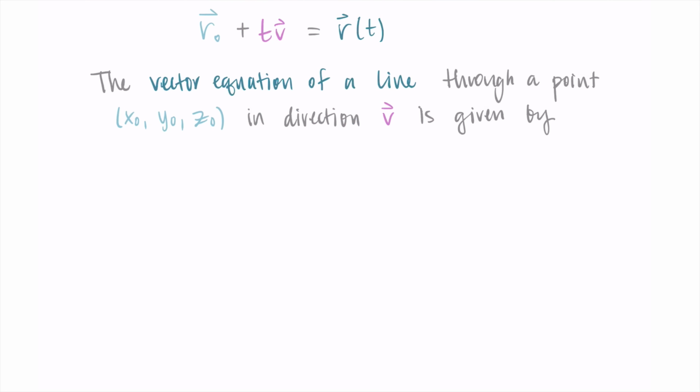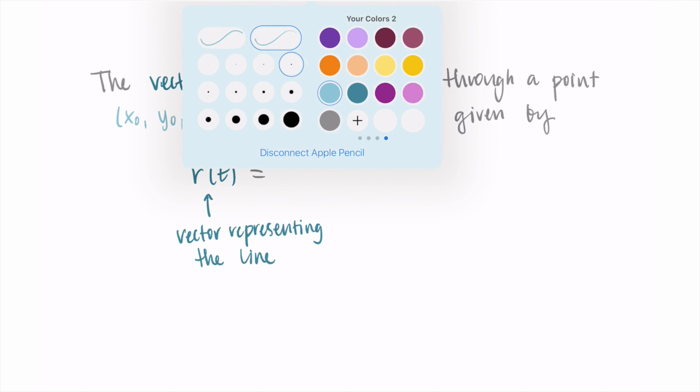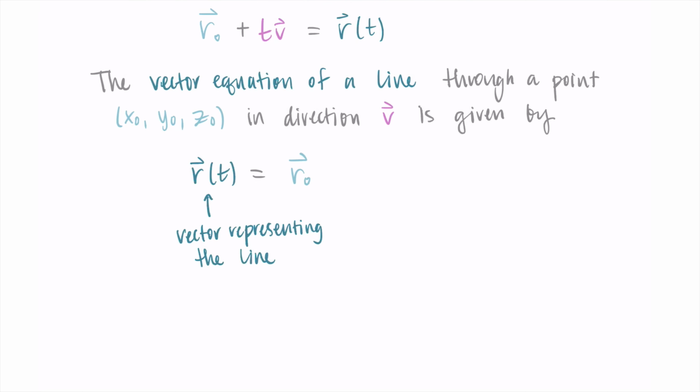Okay, so when we do this, I'm going to just copy this information down from what we had above. We say the vector r of t, so this is the vector representing the line, this is now equal to what we wrote above. So it's equal to the r0 vector. So I'm going to write that here. r0 is equal to the vector pointing at the line.